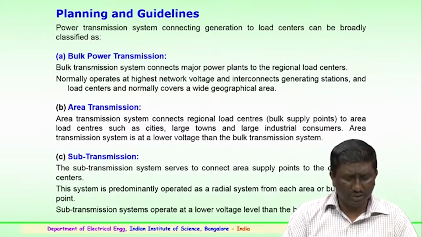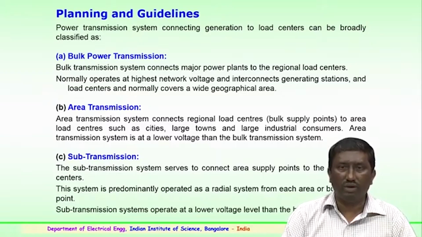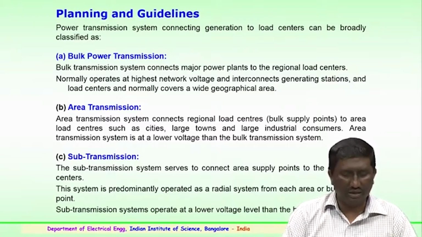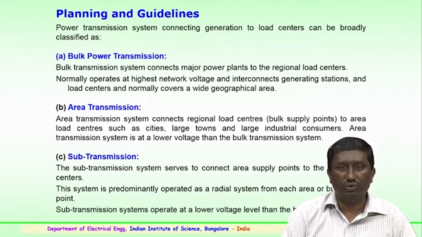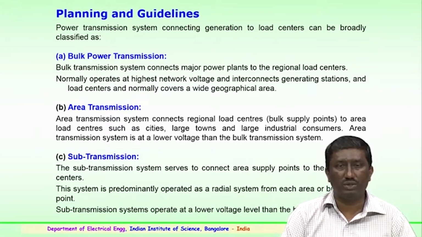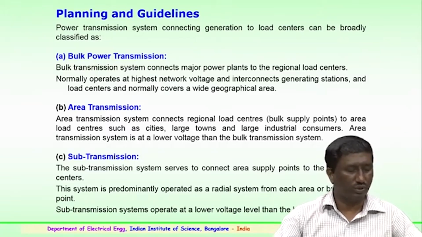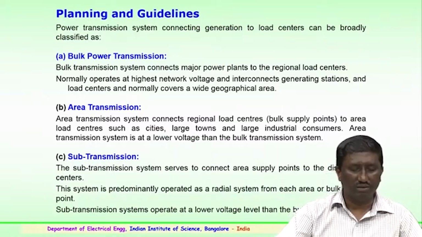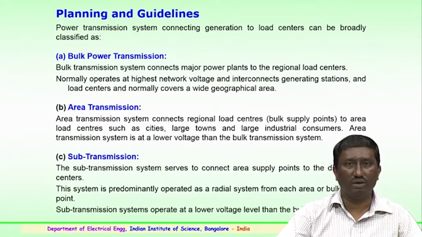The sub transmission systems usually operate at a lower voltage level than the bulk and the area transmission. Here it could be 11 kV or lesser, and in the case of domestic supply it could be 440 volts, where the 11 kV is stepped down to 440 volts and so on. So, these are the various power transmission levels which are classified as per the planning.